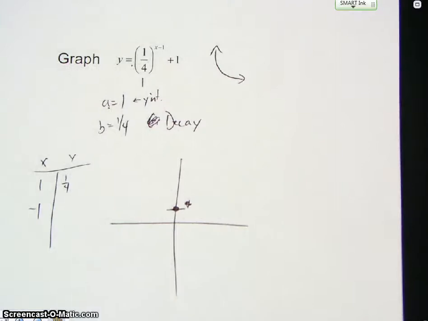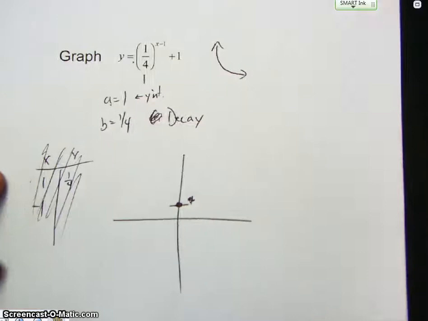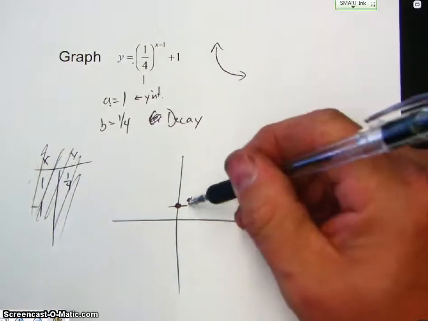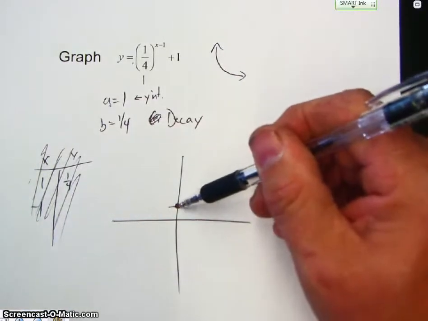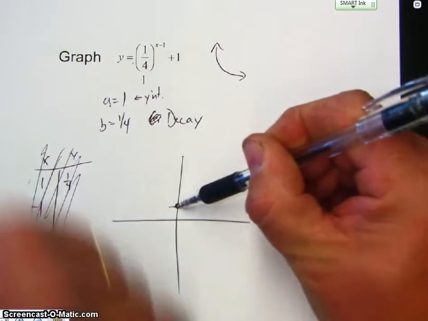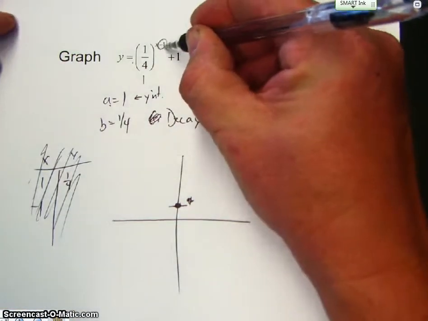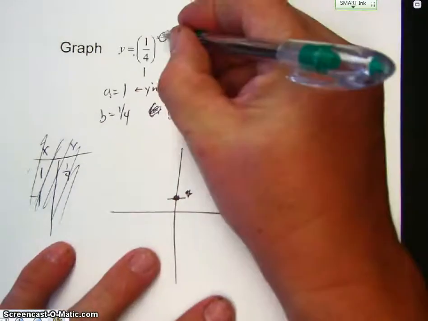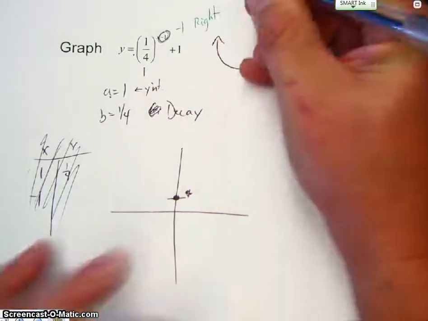Alright, we don't need to do the table anymore. This is where our y-intercept is supposed to be, at 1. But now, this tells me right here, minus 1, that means I'm going right 1.